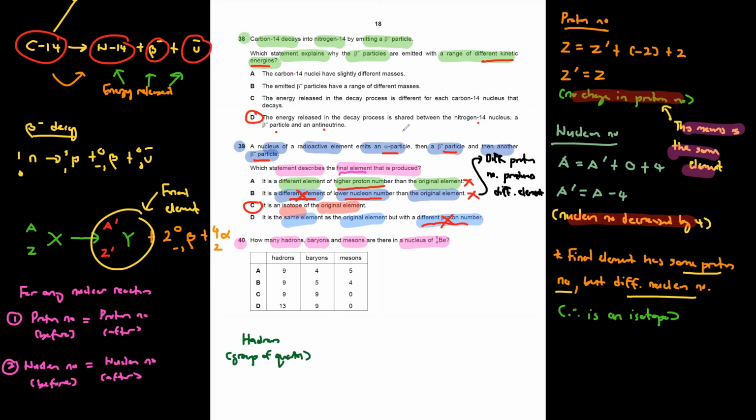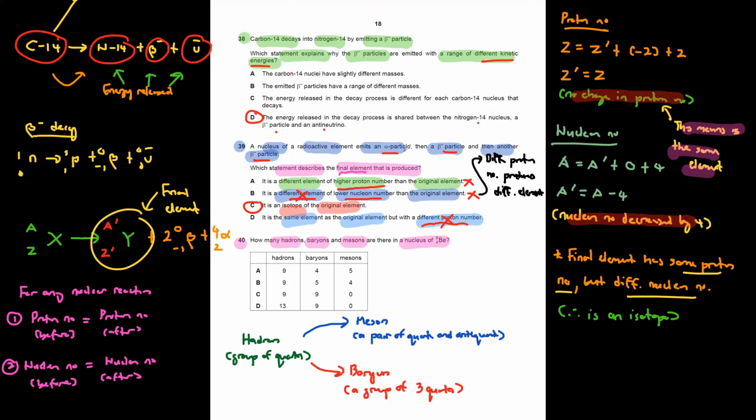The first one is meson. A meson is just a pair of quark and anti-quark. And then the next one is your baryon. A baryon is just a group of 3 quarks.